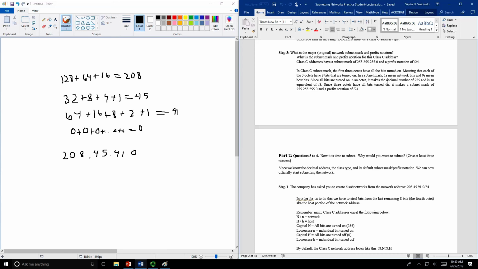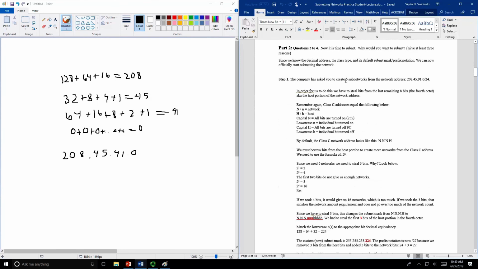Remember, when bits are turned on, it signifies network bits. So we have 3 octets, each having 8 network bits turned on. The prefix notation equivalent of an octet with all bits turned on, 255, is 8. So 8 times 3 gives us a prefix notation of 24.